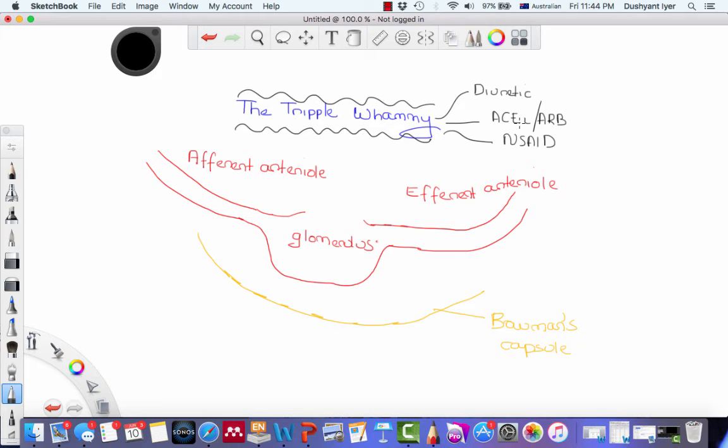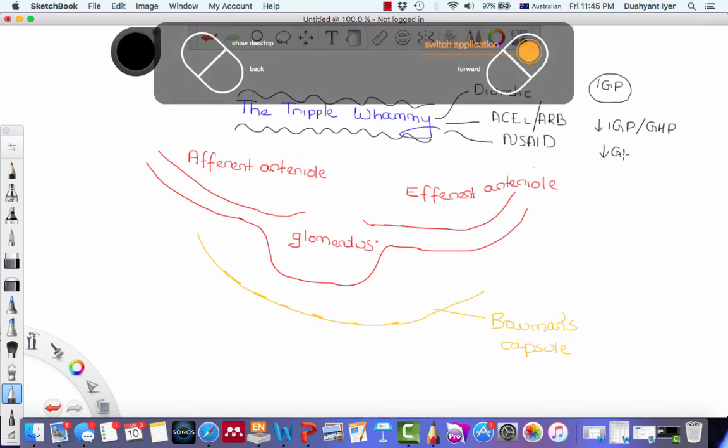Now, why does it lead to renal injury? Well, it's all due to the concept of intraglomerular pressure. As you can imagine, if you lower your intraglomerular pressure or your glomerular hydrostatic pressure, you have less glomerular filtration.